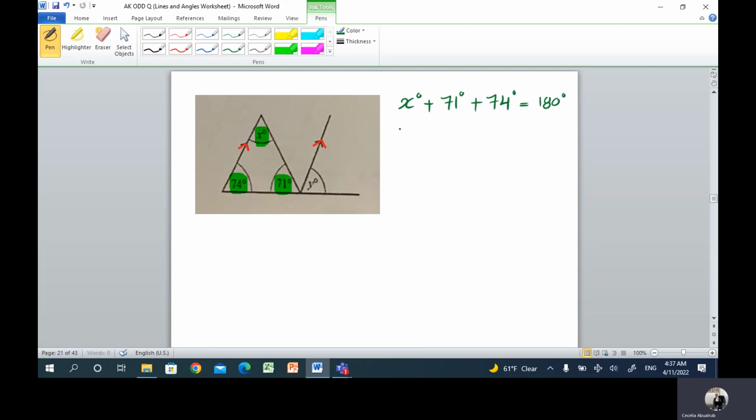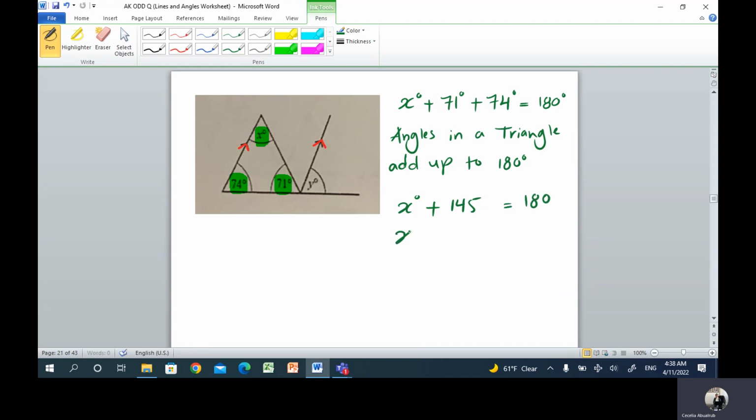Why is that? Because angles in a triangle add up to 180 degrees. Now, if you simplify, so 71 plus 74, the answer is plus 145 is equal to 180.